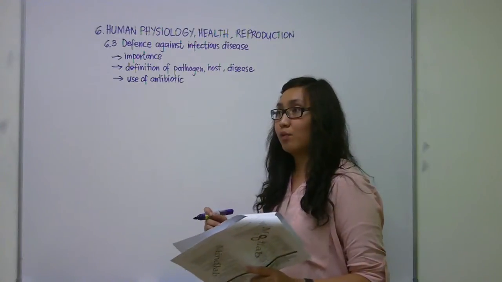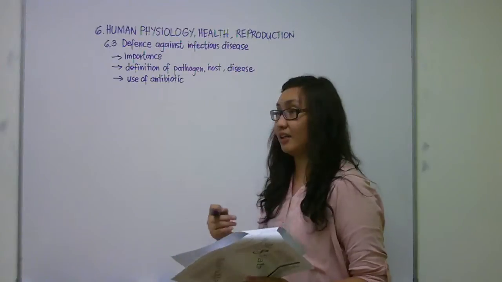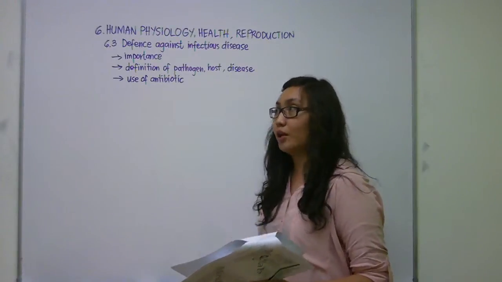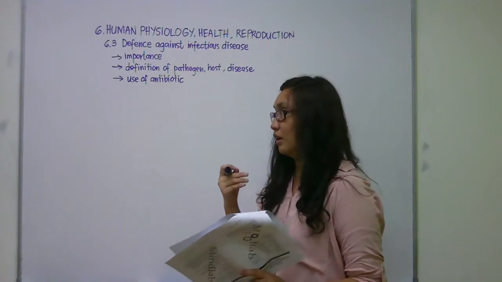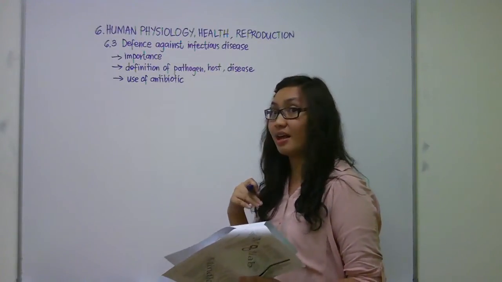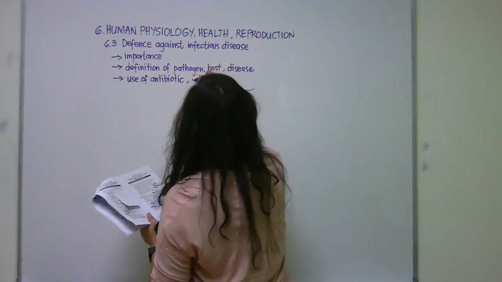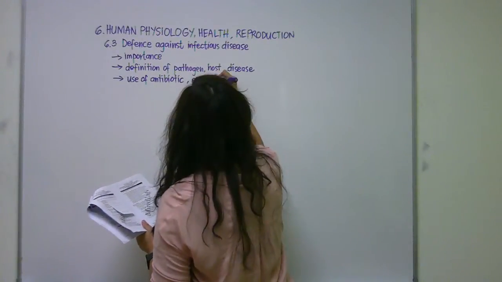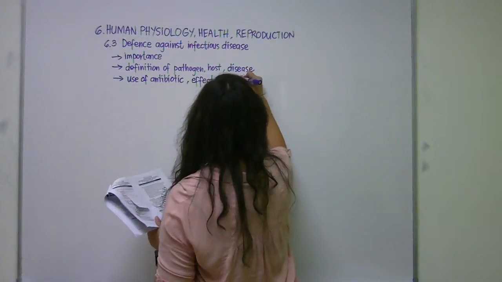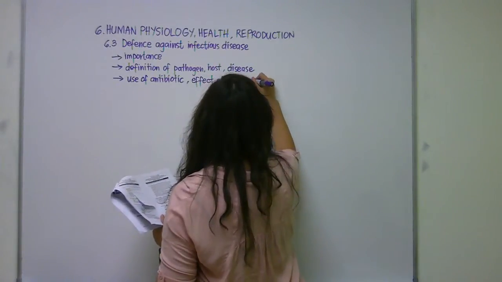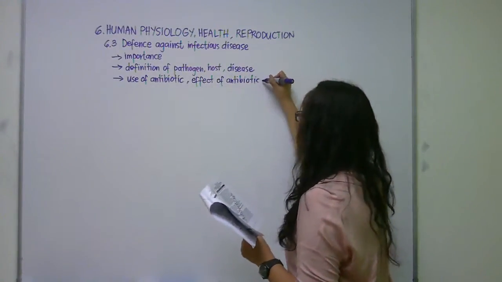If the body is being affected by a virus and we are using antibiotics, it can actually attack the healthy body cells. So we have to include the effect of antibiotics on cells as well, and on bacteria as well.